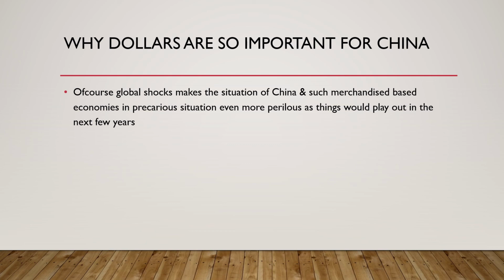And as we have discussed in the previous slides, global shocks make the situation worse and accelerate this process even faster, thus putting all these mercantilist countries and economies, which are in a precarious situation, in even more perilous situations over the next few years going forward.